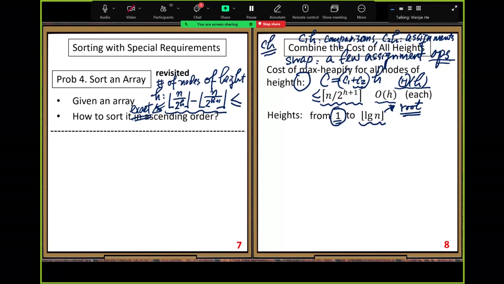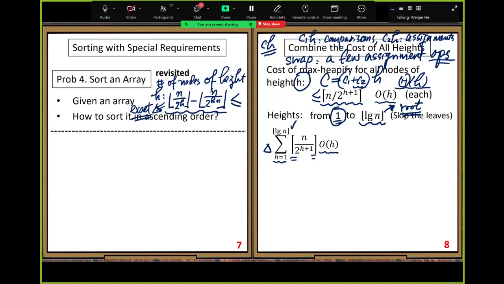All right. So now when we do the summation, it becomes this expression. I hope you know the meaning of this big sigma notation. Summation with lower limit 1, upper limit floor of log base 2 of n, then the ceiling function, times something.